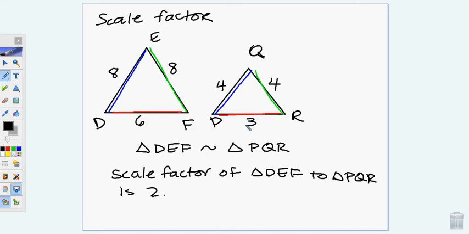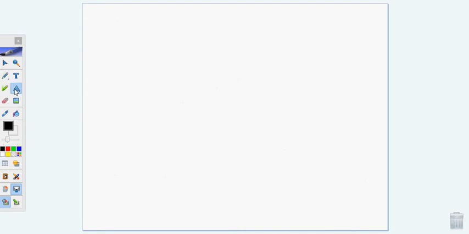You can also calculate scale factor. If I gave you two triangles, told you the lengths of the sides, and told you that they were similar, you can actually calculate the scale factor. So we can do that. Let's take 2 more triangles here.